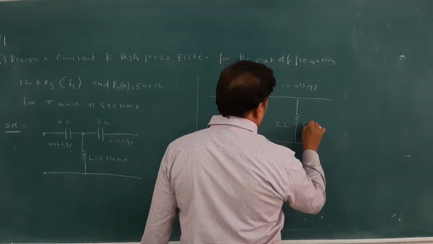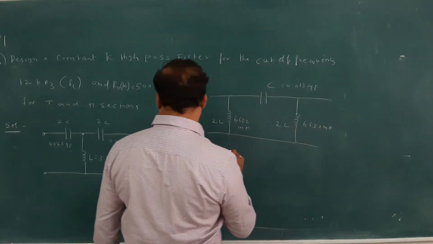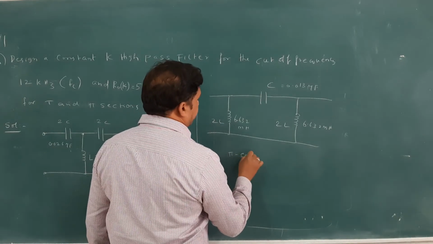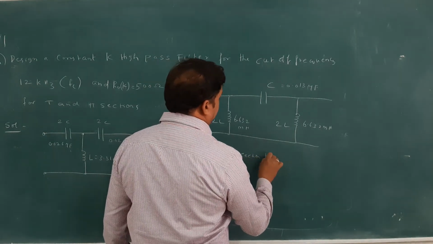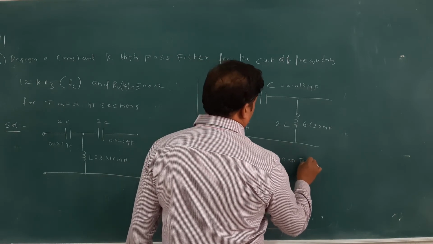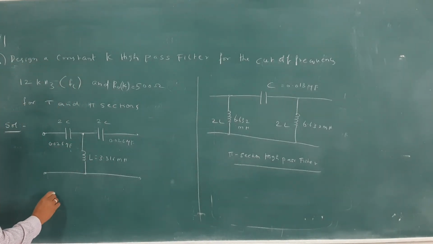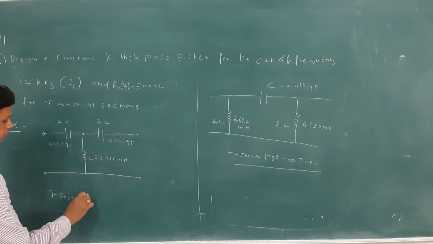And here 6.632 millihenry. So this is the pi section high pass filter, and this one is T section high pass filter.